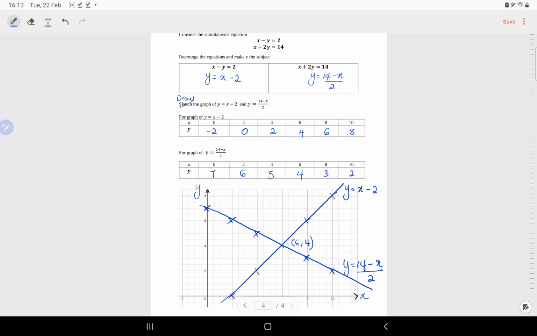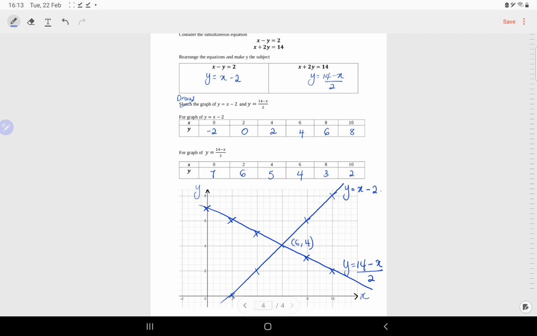This is the idea that I want to show you. Solving two equations simultaneously, not only do you get a unique solution that satisfies both equations, this unique solution is actually the point of intersection of two lines.